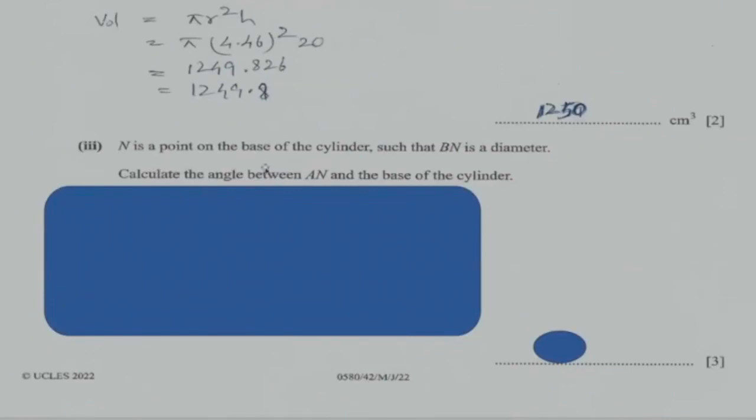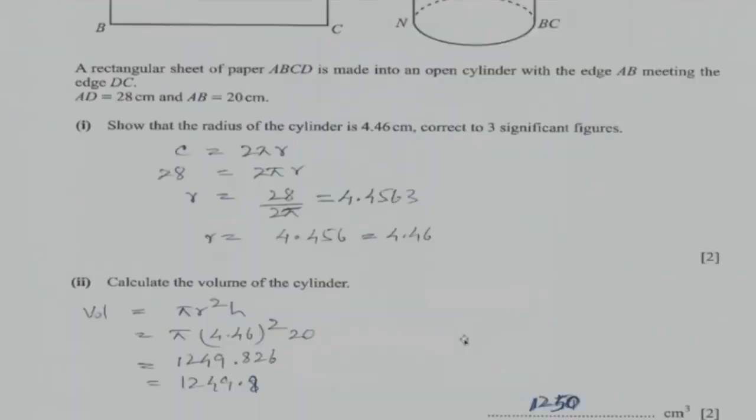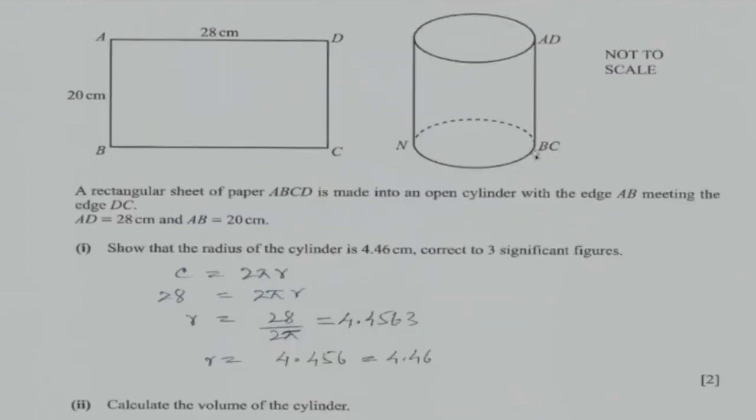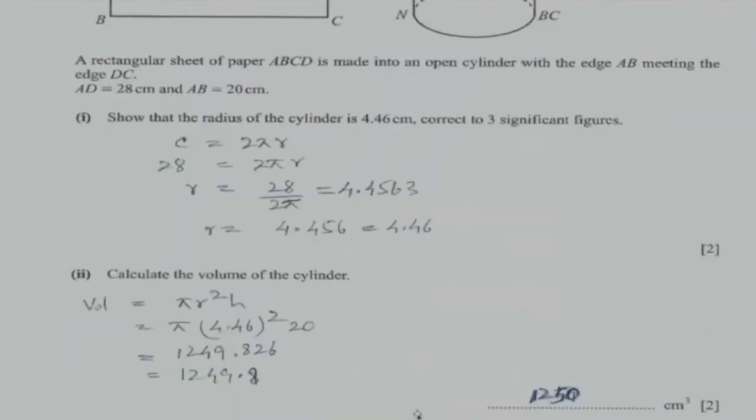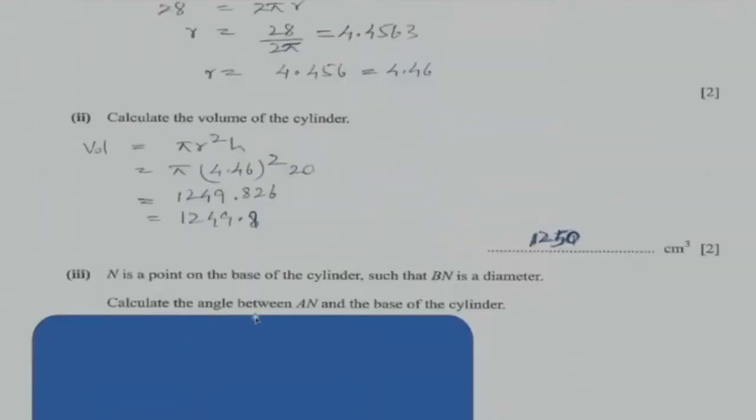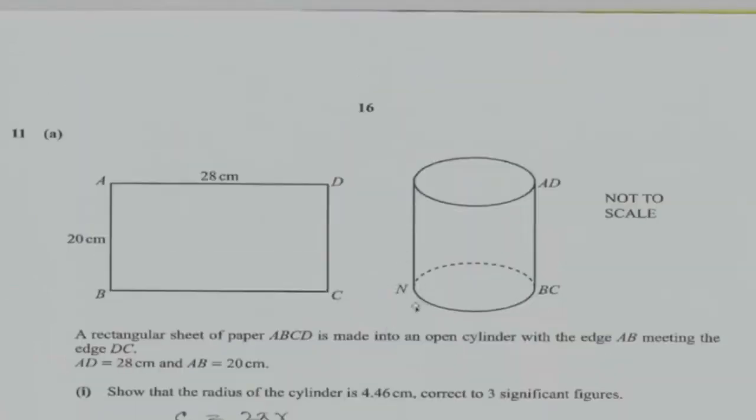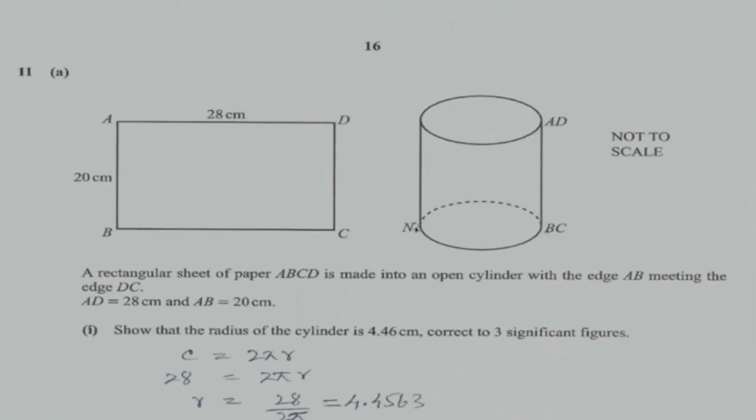N is a point on the base of the cylinder, such that BN is a diameter. So BN is the diameter; we know r, so 2 times r is the diameter. Calculate the angle between AN and the base of the cylinder. We can draw a triangle like this. This is the diameter, and we know the height is 20 and the diameter.